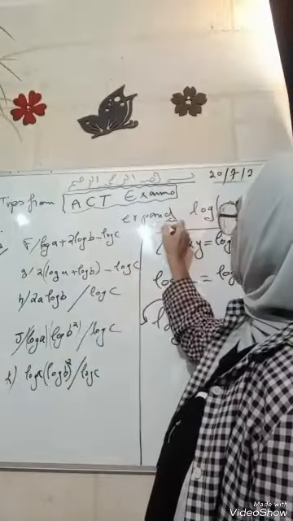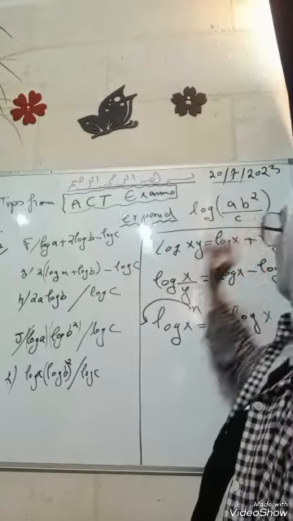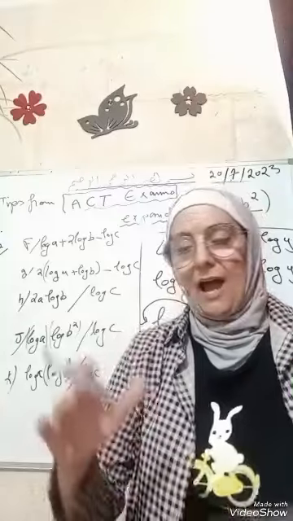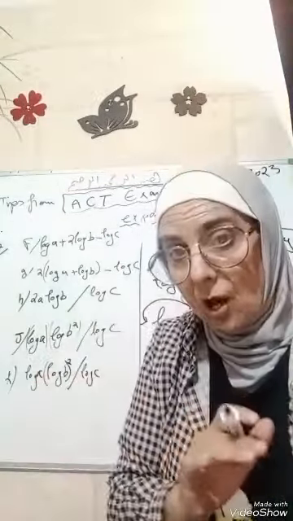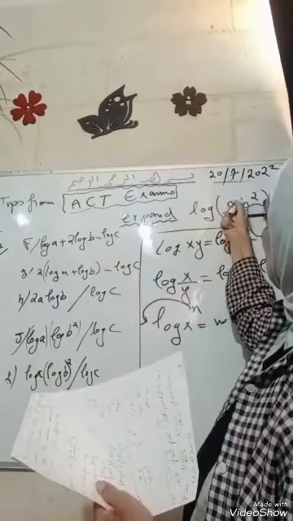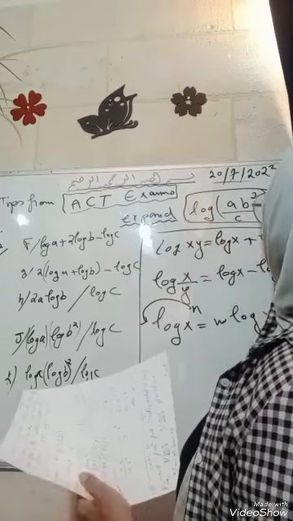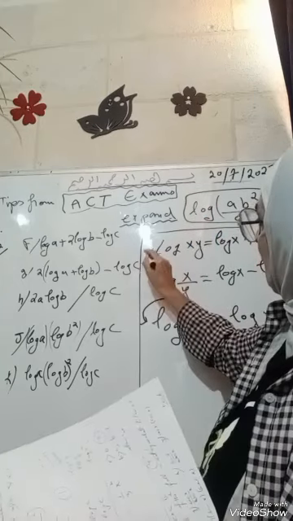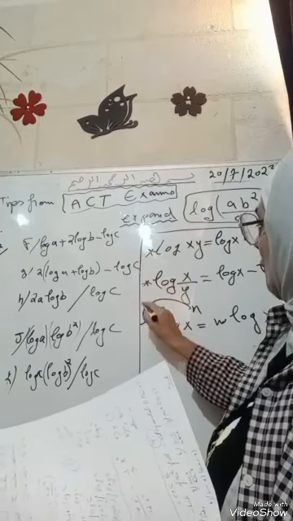Now he asked me to expand the logarithm of ab squared over c. We have expanding and we have condensing, the opposite. Now, what is the expansion of this value? We need those three laws.